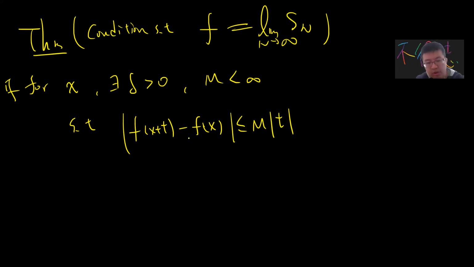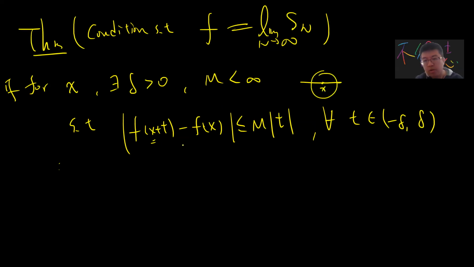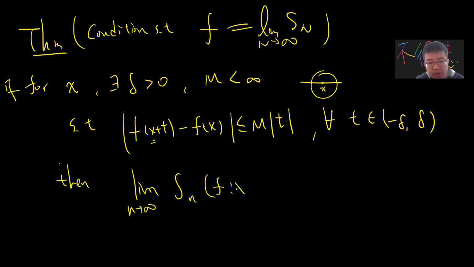Basically your difference can be bounded linearly by t. That means locally at x, where you are very close to x, the growth of the function can be bounded linearly by this difference. Then the limit as n goes to infinity of S_n(f, x) is the same as f(x).